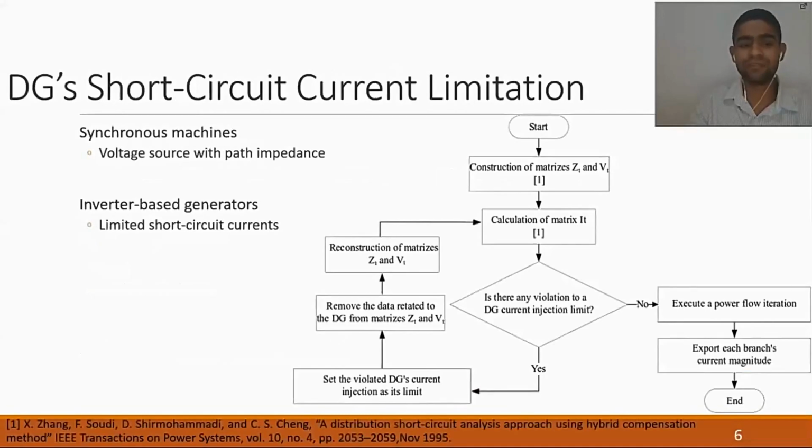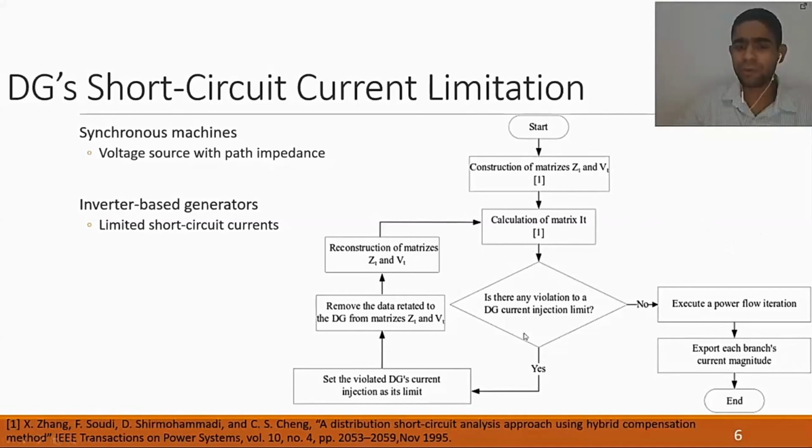We use a modified version of the hybrid compensation method first proposed by Zhang. However, in the first proposal, every DG is considered to be a synchronous machine, so it is a voltage source limited only by the path impedance. However, when we have inverter based DGs, they have controllers that limit their current injection, and therefore the Zhang method cannot be employed.